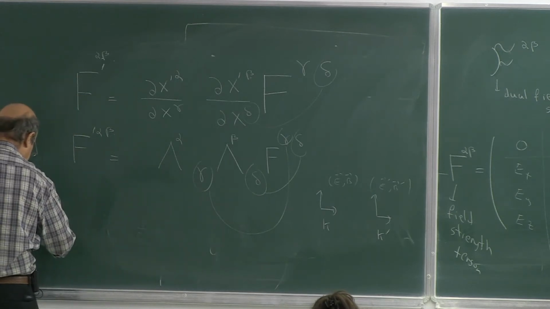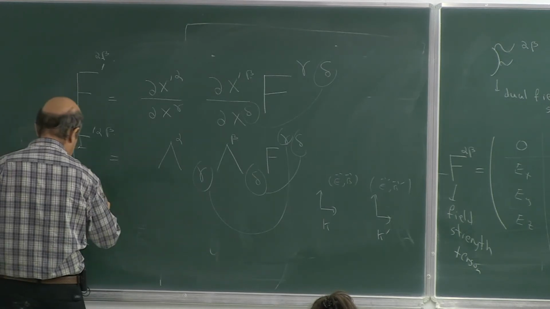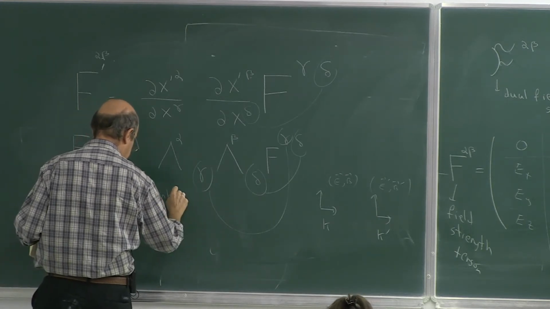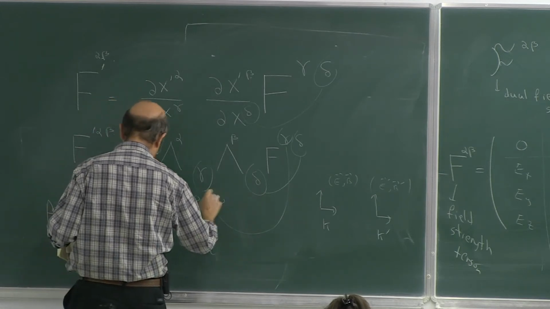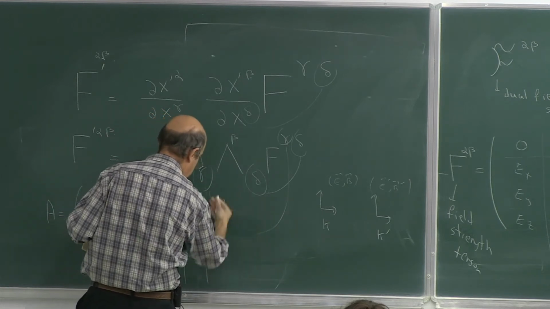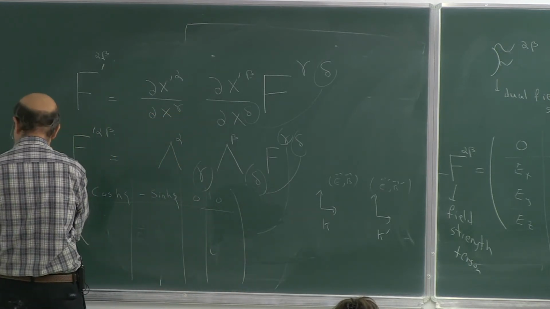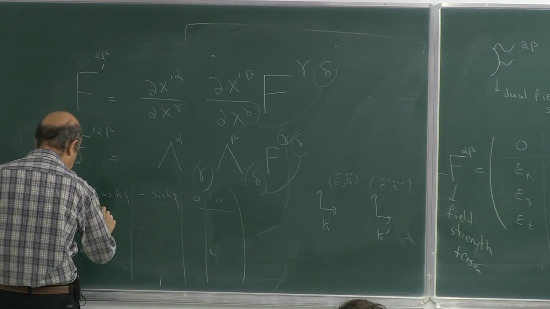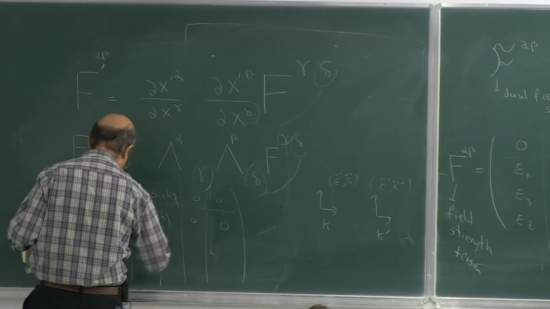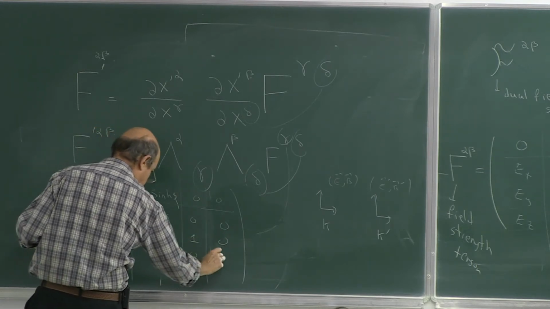A was equal to the matrix with cosine hyperbolic psi, minus sine hyperbolic psi, 0, 0 in the first row, and minus sine hyperbolic psi, cosine hyperbolic psi, 0, 0 in the second row, then 0, 0, 1, 0 and 0, 0, 0, 1.